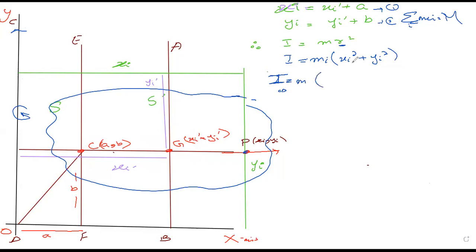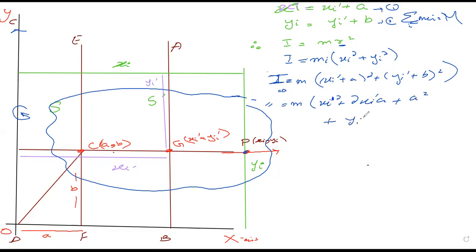Okay, m into xi square. What is the value of xi? From 1, we can put (xi dash plus a) whole square plus (yi dash plus b) whole square, close the brackets. Same, I at CD is equal to m into xi dash square plus 2 xi dash a plus a square plus yi dash square plus 2 yi dash b plus b square.